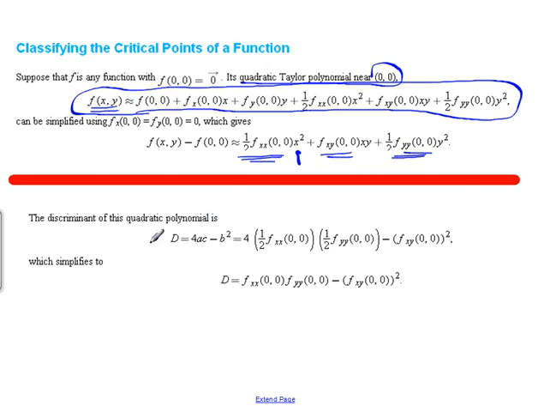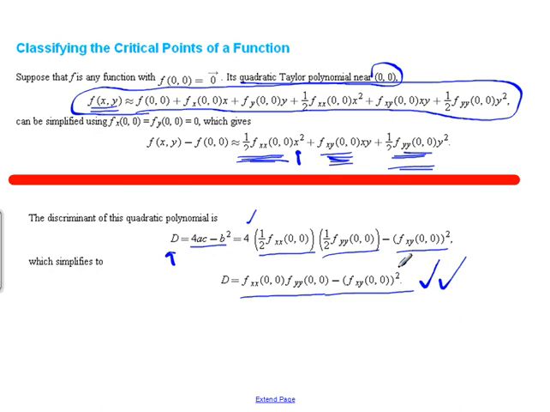So therefore, my discriminant, which is 4ac minus b squared, I've got 4 times my a coefficient times my c coefficient, minus b squared. Here's b squared. And that simplifies to just f double partial in the x direction, f double partial in the y direction, minus f partial xy squared. And this is my discriminant.